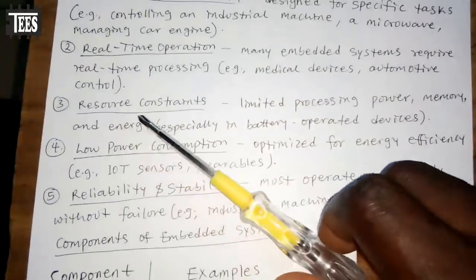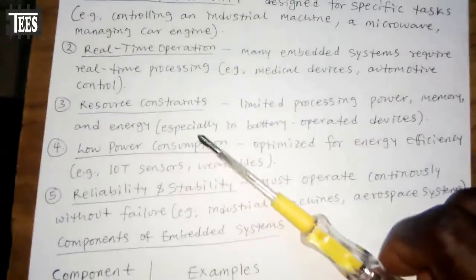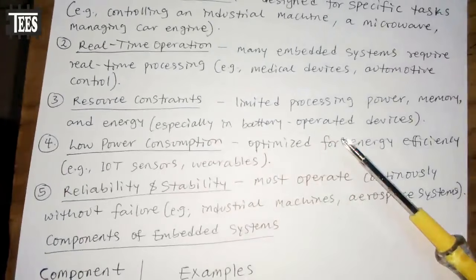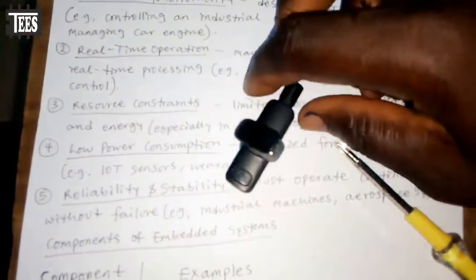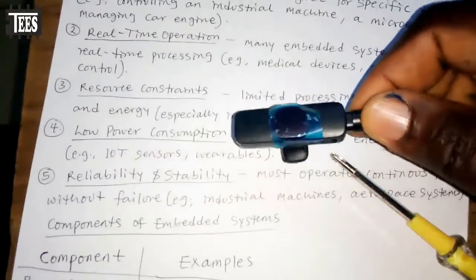Then we also have resource constraints: limited processing power, memory, and energy, especially in battery-operated devices. For example, what I'm having here is a wireless microphone.